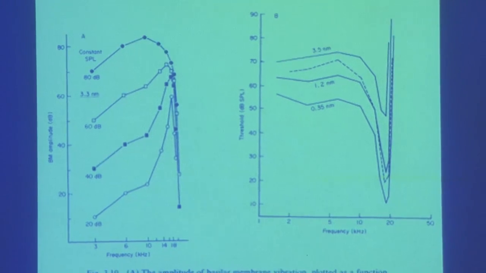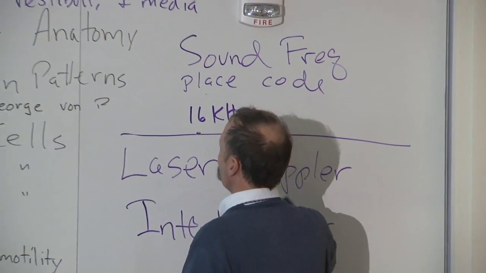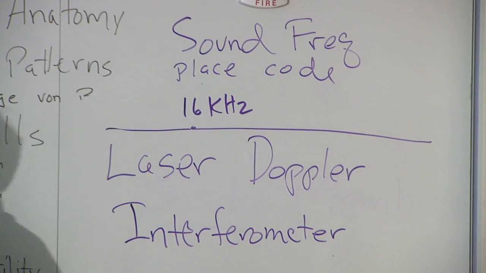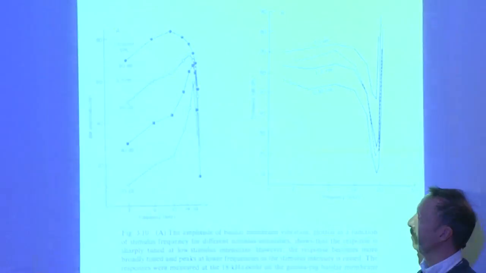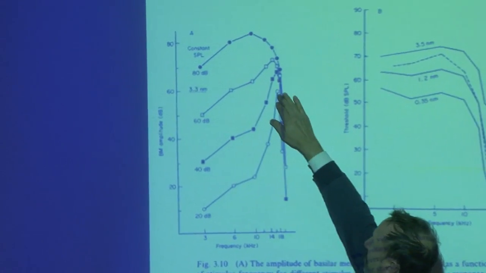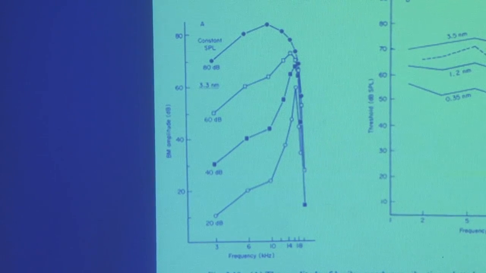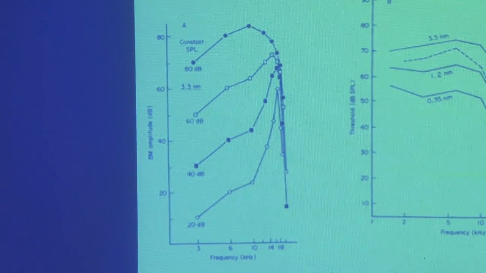This place is only moving, or mostly moving, for a sound frequency of 16 kilohertz in terms of where the source was. Change the sound level to 40 or 60 or even 80 dB. 80 dB is a sound that is certainly within conversational speech.